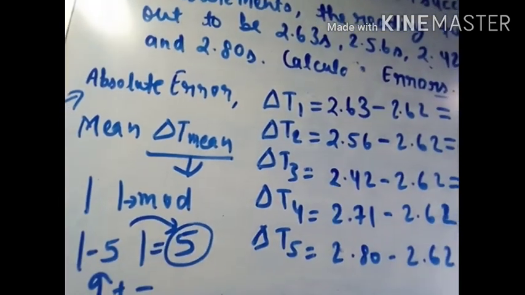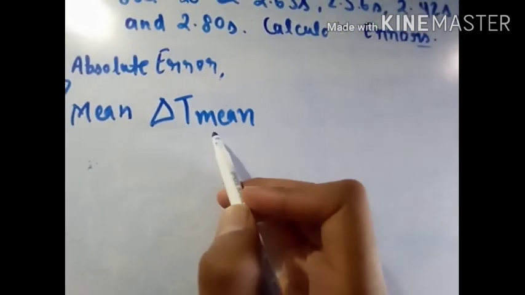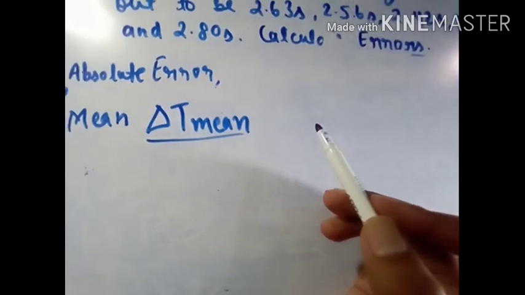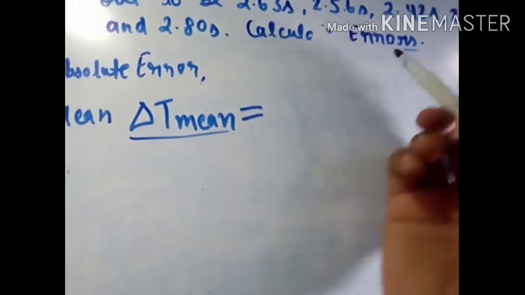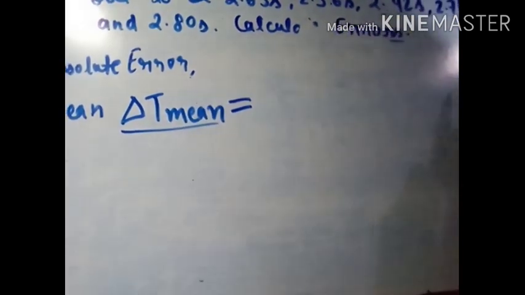Okay, let me erase it. Now you have done the calculation of the absolute errors previously. For this purpose you have to add all the values that I wrote over here.